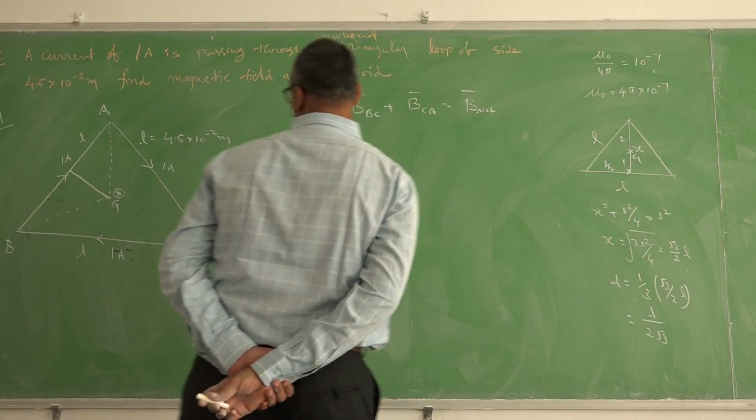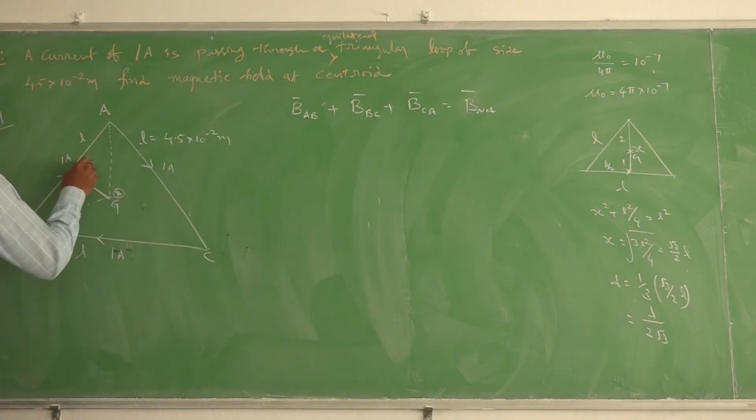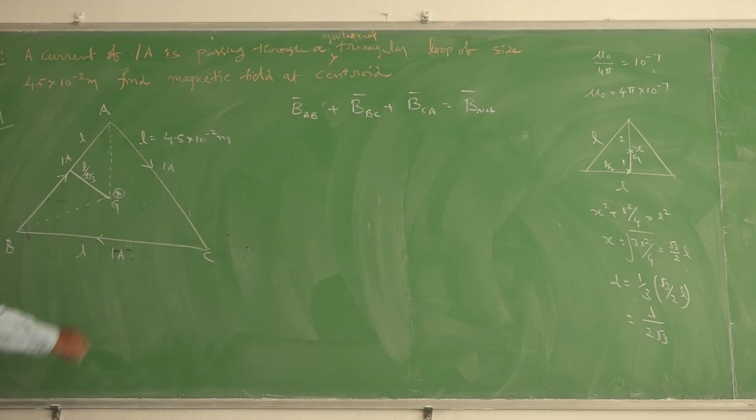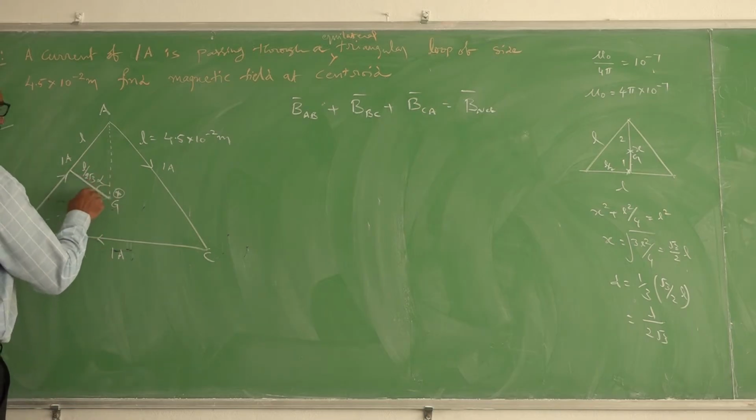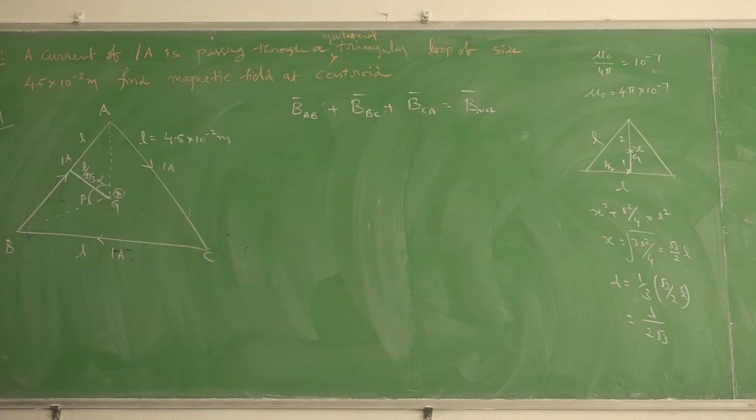So this distance is L by 2 root 3. And if I mention this angle as alpha and this angle as beta, as you know, this is 90 degrees, this angle is 30 degrees. Obviously this angle is 60. Even alpha is also 60.